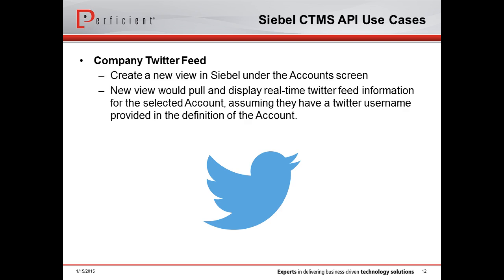couple of ways. One way would be to create a new view or subview under the account screen. So when you click on an account, along with seeing views for addresses, affiliations, documents, and activities, you would also see a view for Twitter, which would display real-time Twitter feed information for that selected organization.